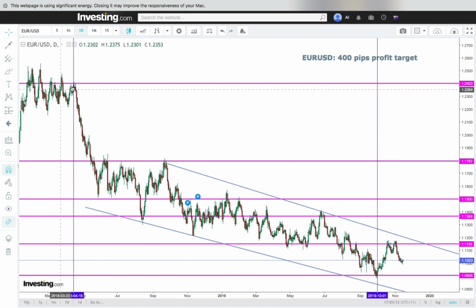Okay, and how many pips actually dropped? Let's see. It was 850 pips. Market came down 850 pips, right? So if the market goes down 850 pips, you don't expect market to reverse straight away because it just went down 800 pips.